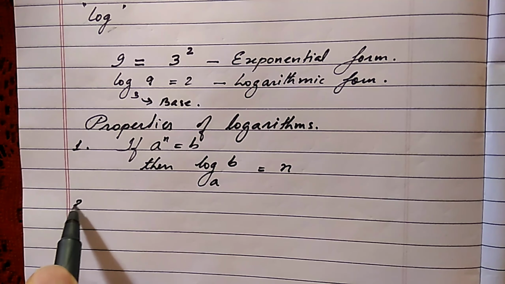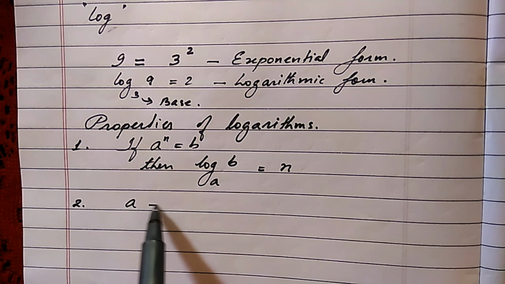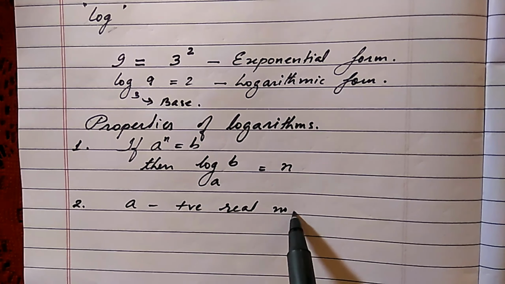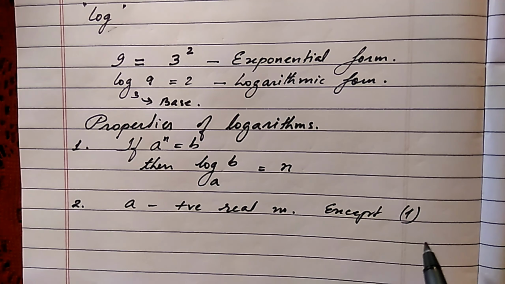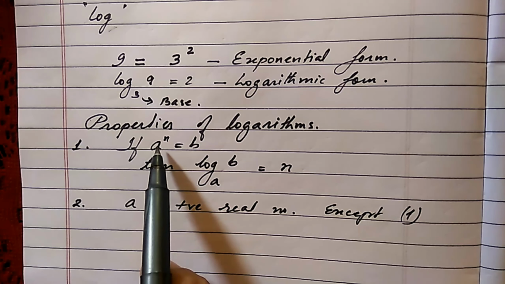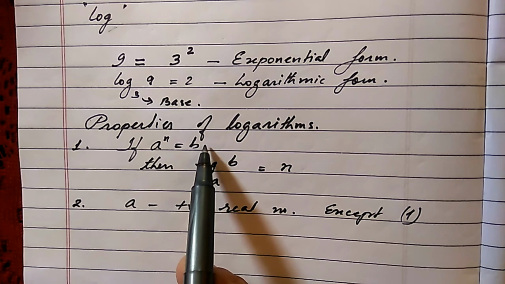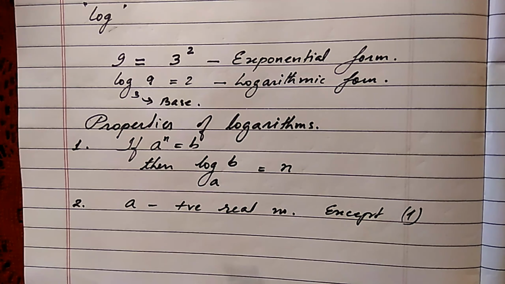Number 2. Now, a is a positive real number except 1. Why except 1? Because if a is 1, then 1 to the power anything will give you 1 only. That's why a is a positive real number but except 1.